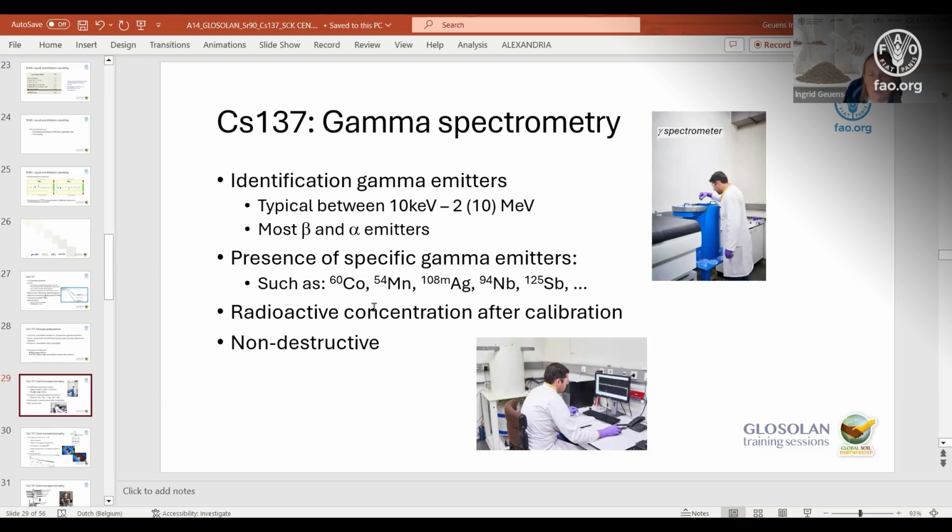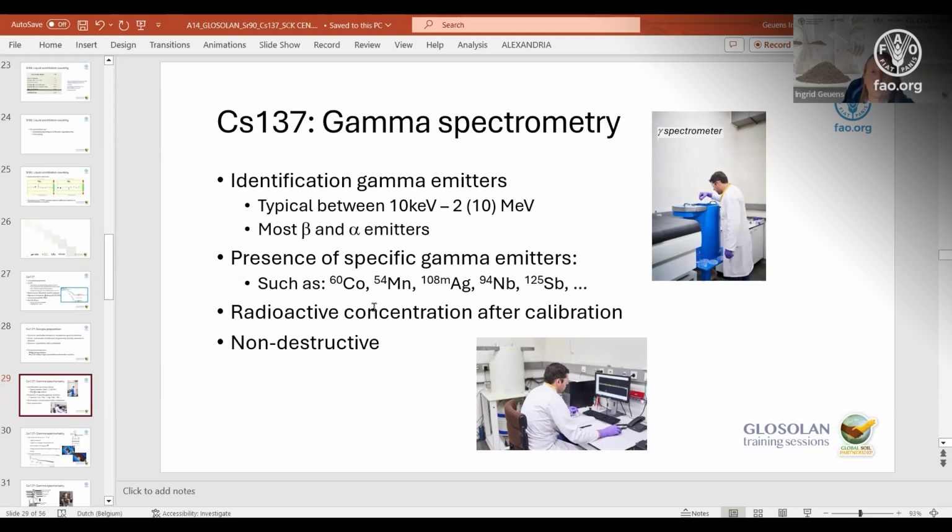So specific presence of gamma emitters such as cobalt-60, manganese-54, silver-108m, niobium-94, antimony-125. I just mentioned those because those are the most general ones that need to be quantified if you're quantifying waste material or monitoring environmental materials.